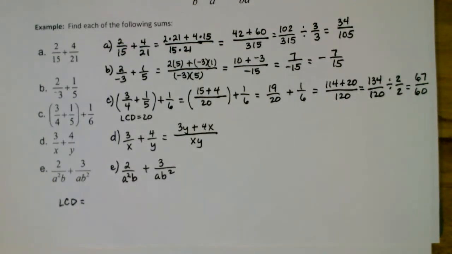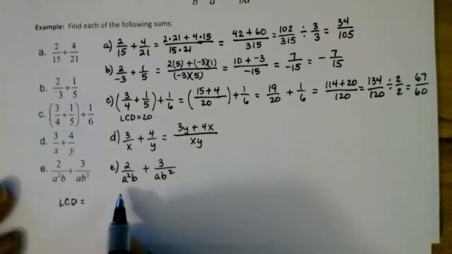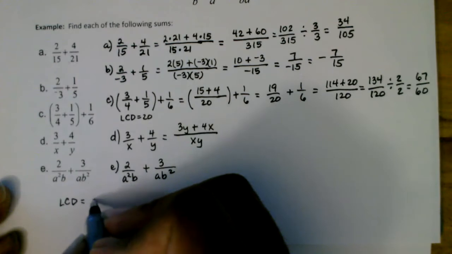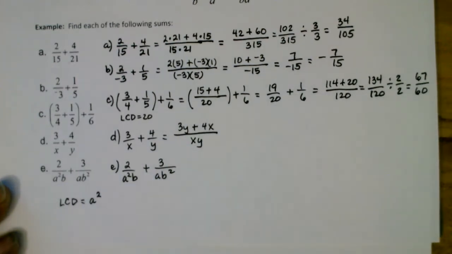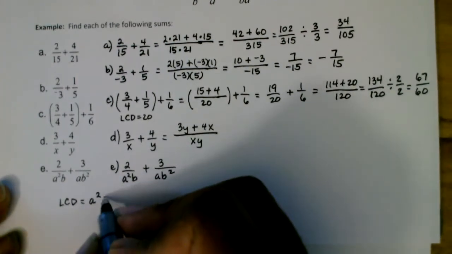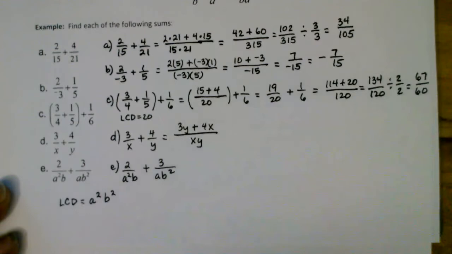The least common denominator would be, with these variables, we have to take each variable to the highest power. So the A, I have to use the highest power for A, that's going to be A squared. For the B, I need to use the highest exponent for the B, and that's going to be B squared. So A squared B squared would be the LCD for those two fractions.